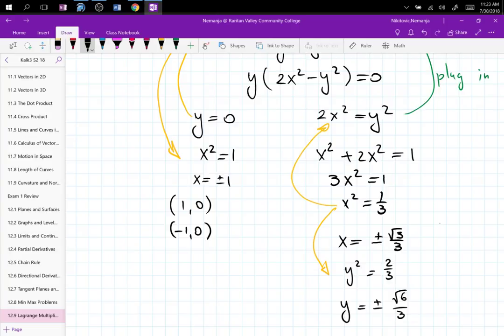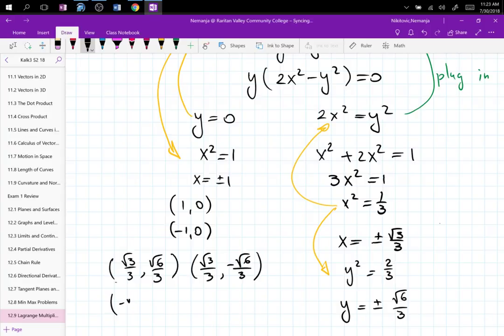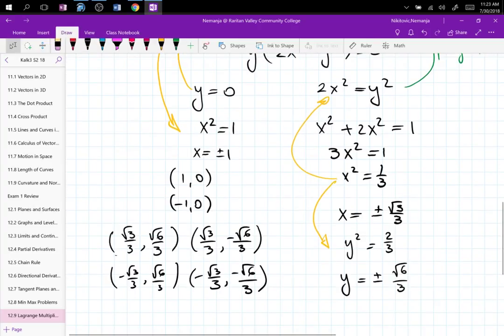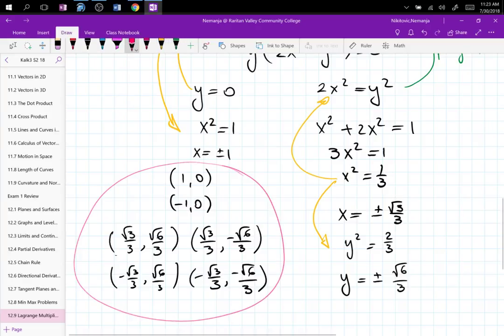So now I have to consider root 3 over 3, root 6 over 3, root 3 over 3, negative root 6 over 3, negative root 3 over 3, root 6 over 3, and negative root 3 over 3, negative root 6 over 3. These guys are candidates for min-max.